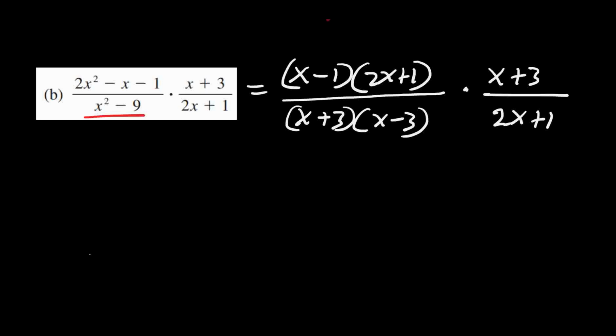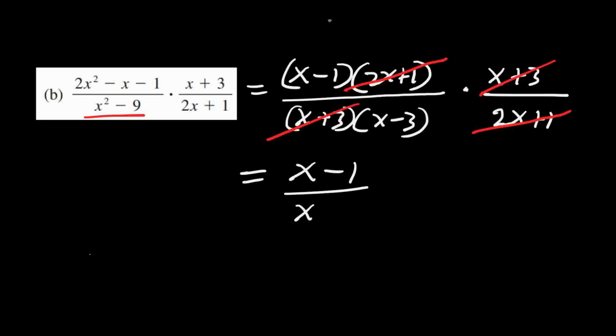So x plus 3 we have here can simply cancel x plus 3 from here, and 2x plus 1 over here can also cancel 2x plus 1 here. So now we are left with x minus 1 over x minus 3. So this is the final answer to this question, and I hope it makes some sense.